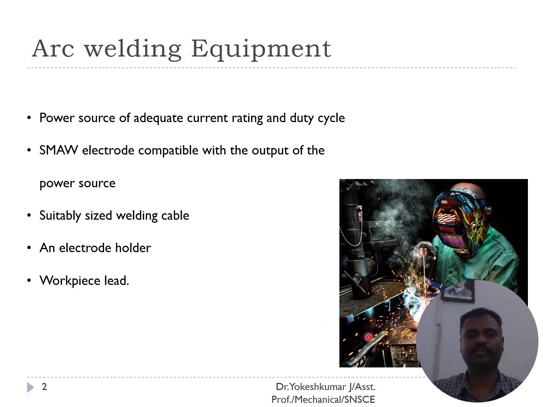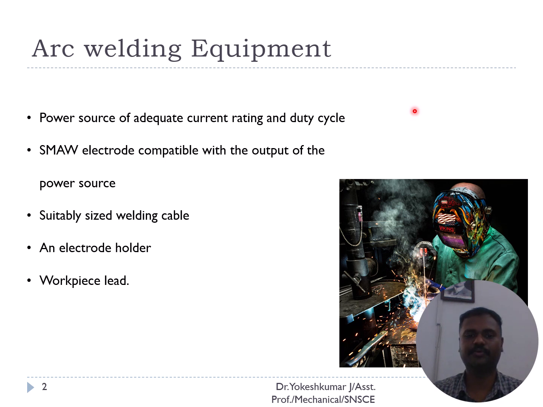This photograph shows the arc welding equipment used for arc welding. Before discussing the equipment, let us discuss what arc welding is. Arc welding is one type of fusion welding process where the parent metal is heated to its molten state.